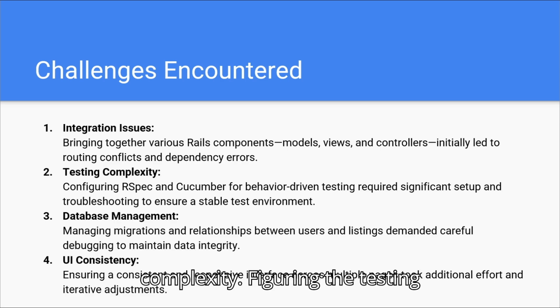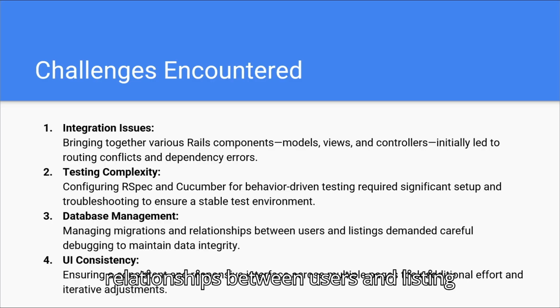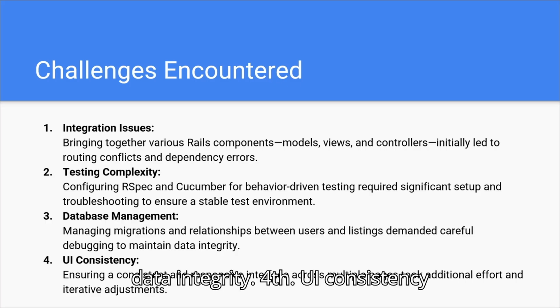Configuring the testing cases for behavior-driven testing requires significant setup and troubleshooting. Third, database management. Managing migrations and the relationships between users and listing demands careful debugging to maintain data integrity. Fourth, UI consistency. Ensuring a consistent and responsive interface across all pages took additional effort and adjustments.